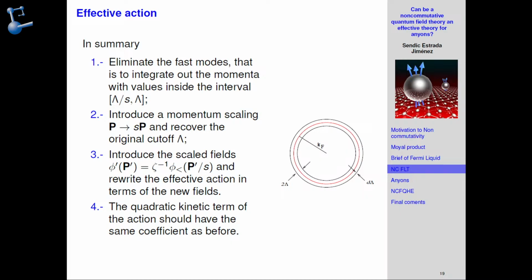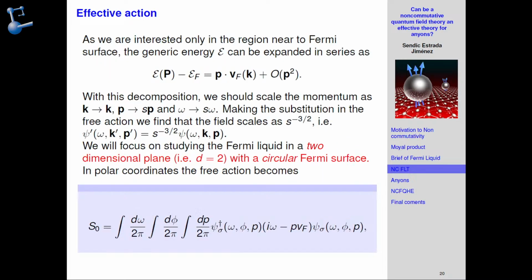This is a summary of the process. As we are interested only in the region nearest to the Fermi surface, the kinetic energy can be expanded, as I told you before. With this expansion, we can rescale the momentum in this form, and the fields are rescaled by this factor.